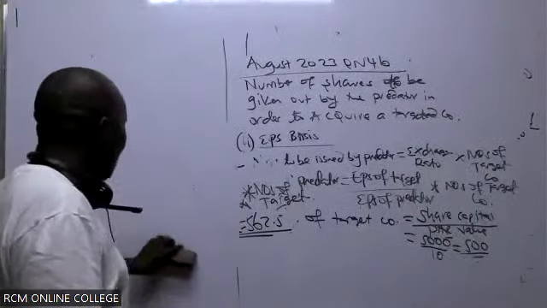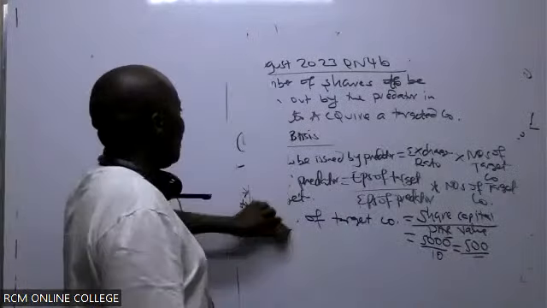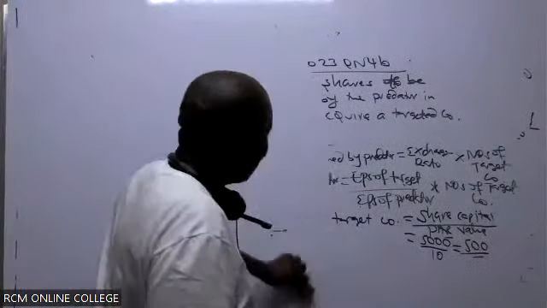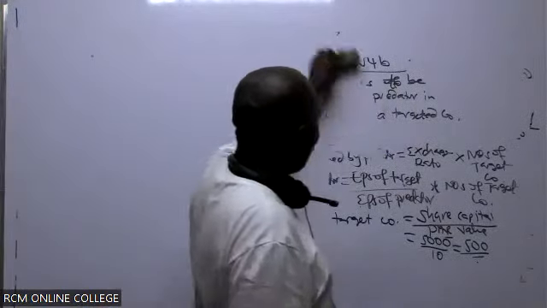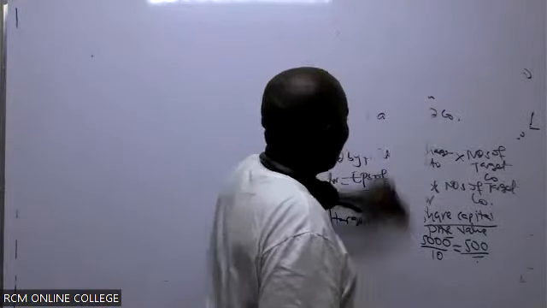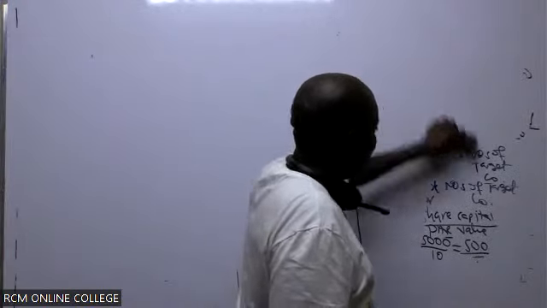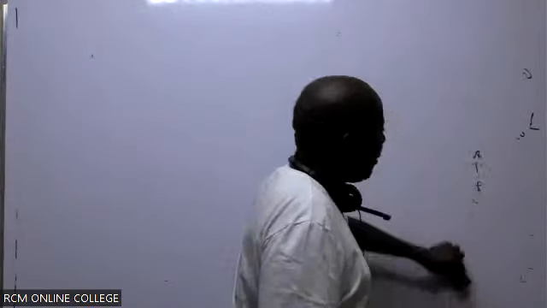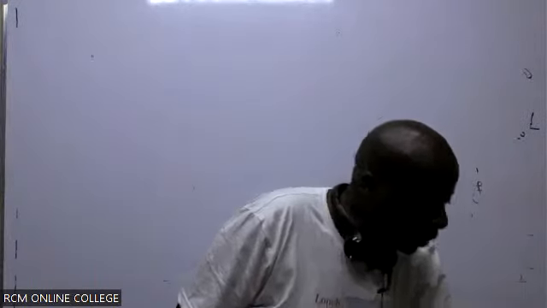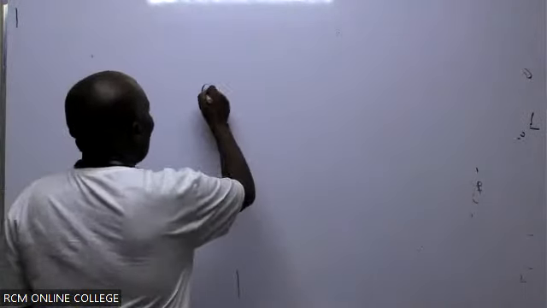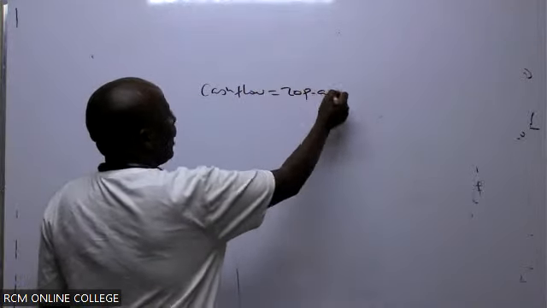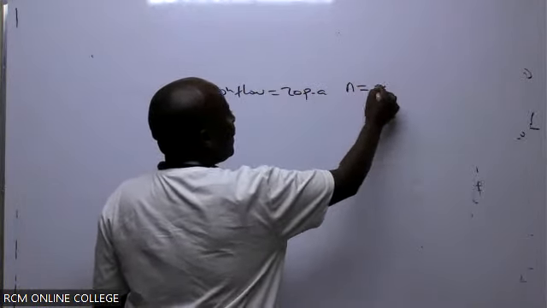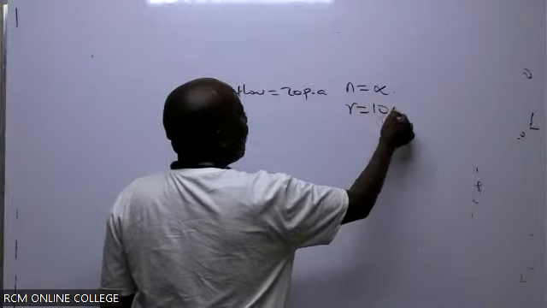Let me start by asking you a question. If, ladies and gentlemen, somebody promises you Kenya shillings 10 million every year indefinitely, you are given a cash flow of 20 per annum, N is indefinite, and R is 10%.